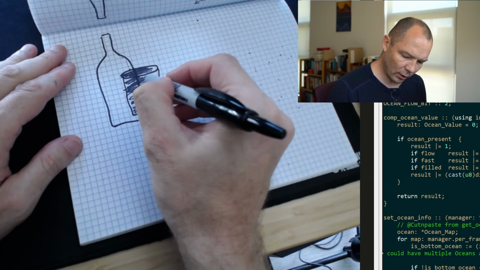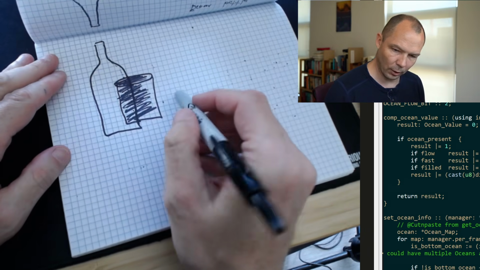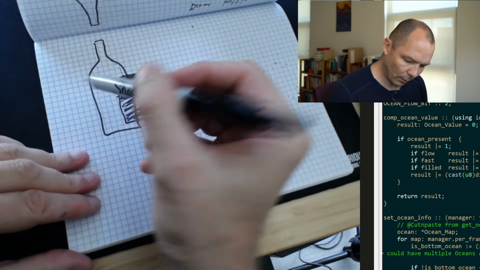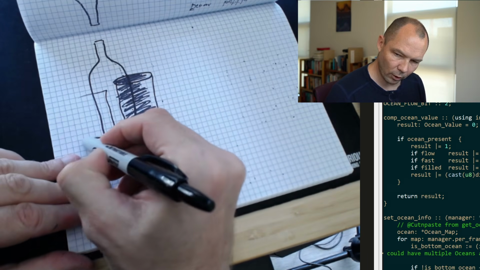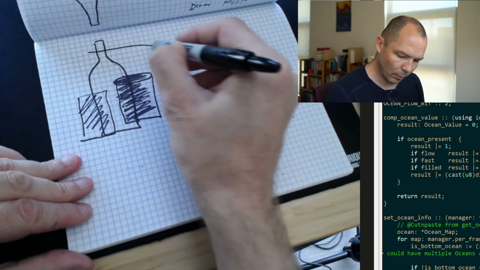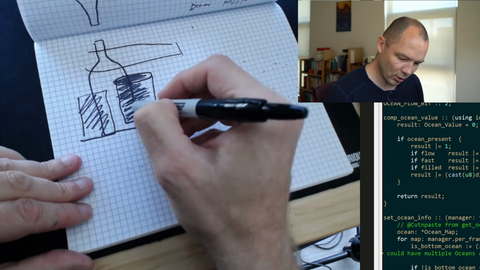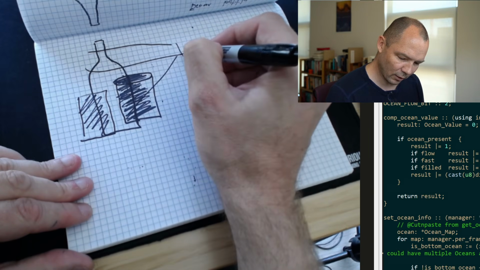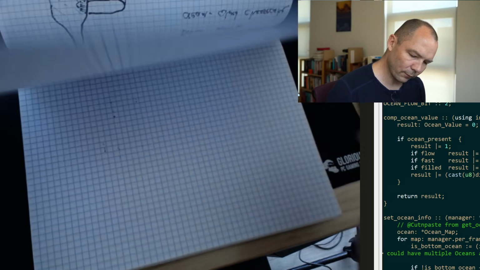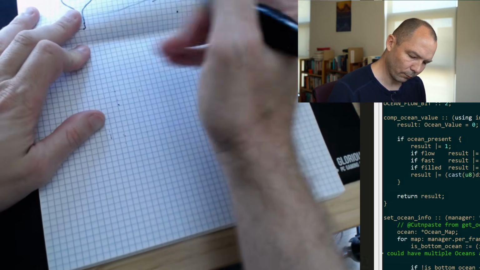Here's the cheesecake that we want in behind this bottle. Maybe there's another cheesecake in front of the bottle, right? Maybe you have a 3 beer bottle situation in between, like we just drew on the other page. It could get arbitrarily crazy, right? And so what do we do?